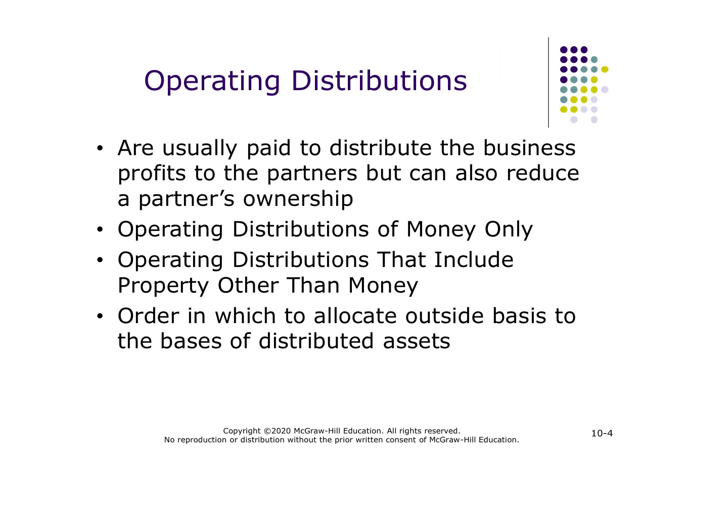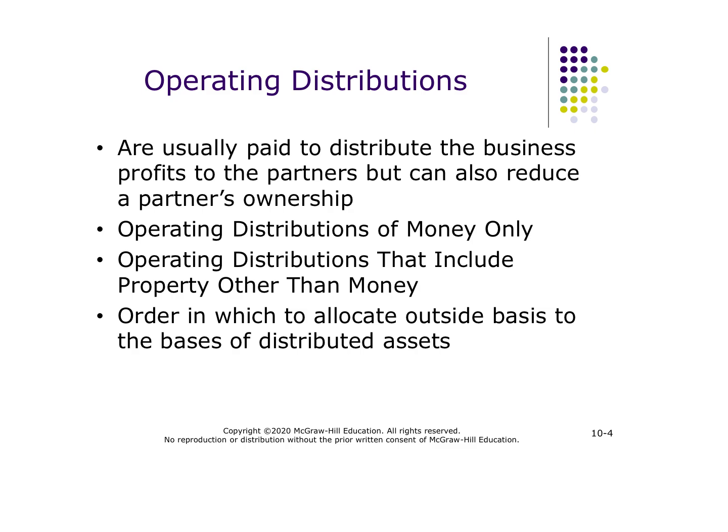All right. So with a partnership, we have two kinds of distributions. We have operating distributions and we have liquidating distributions. Okay. We are going to be primarily focused on operating distributions. Okay. Typically, they're usually paid to distribute business profits to the partners, but they can also reduce a partner's ownership.